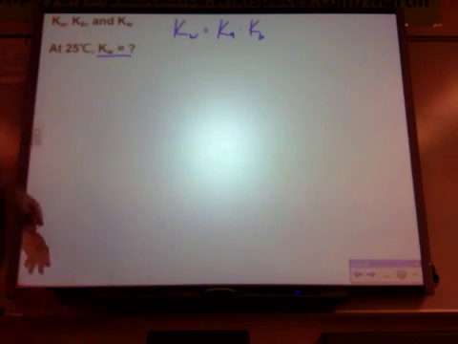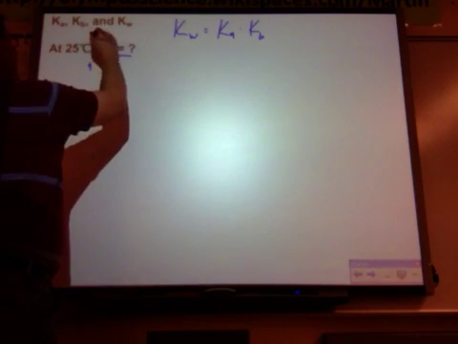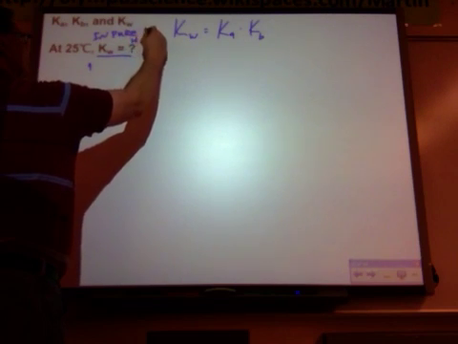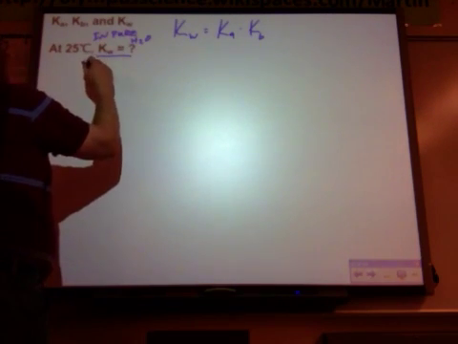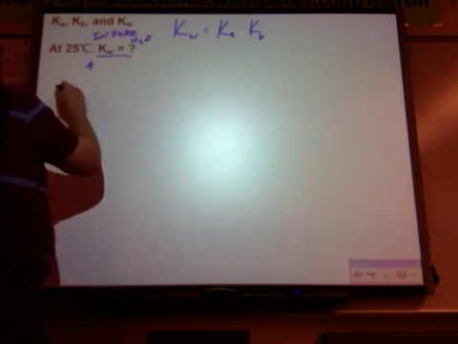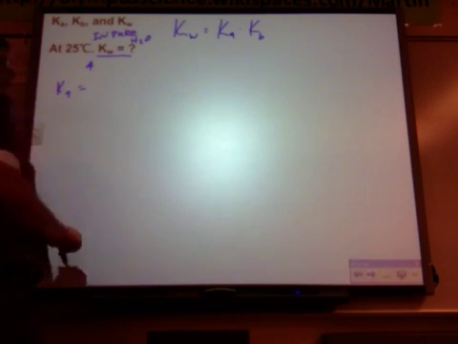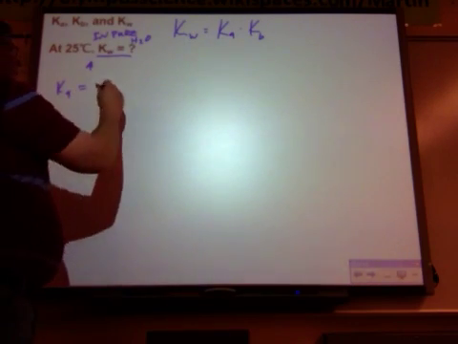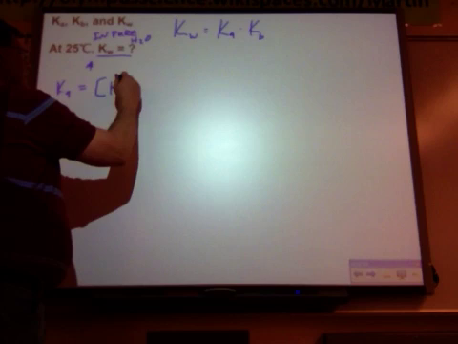At 25 degrees Celsius, and we should say here, in pure water, what is Ka? So is it the concentration of the acid compared to the water?